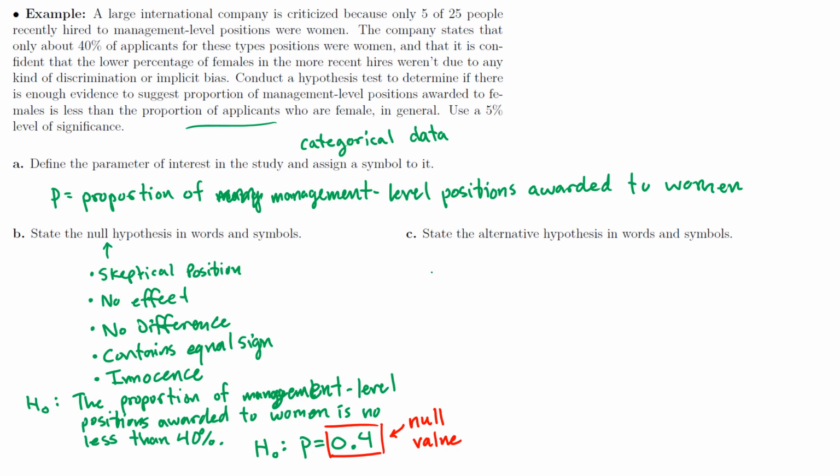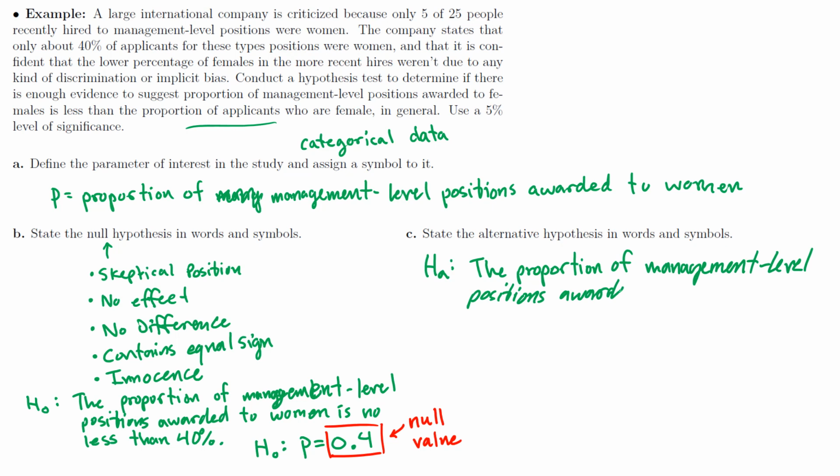All right, so then our alternative hypothesis would just be the contradiction of that, right? So we're saying the proportion of management level positions awarded to women is in fact less than 40%.